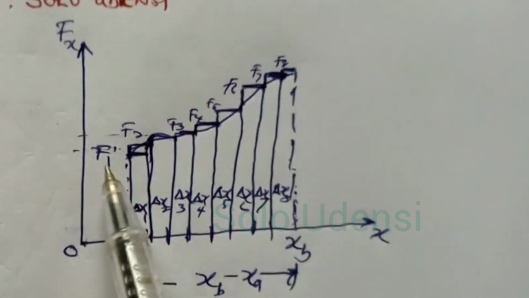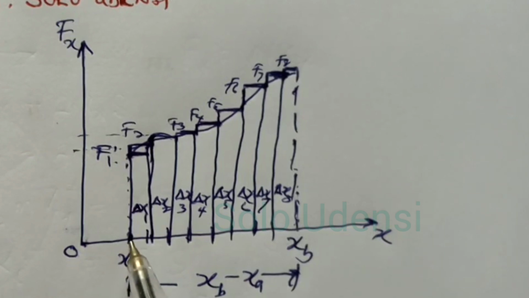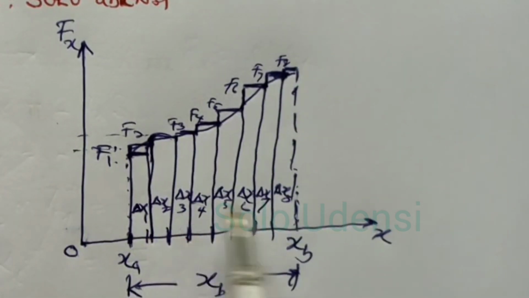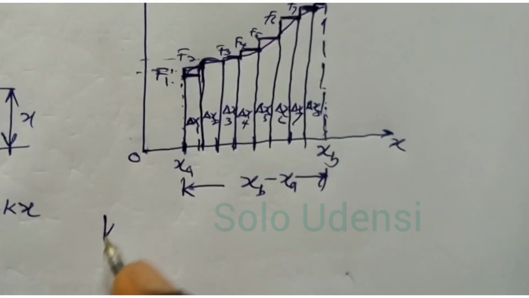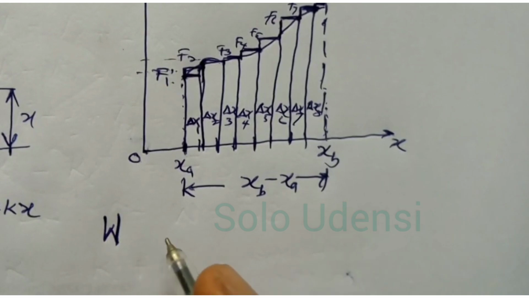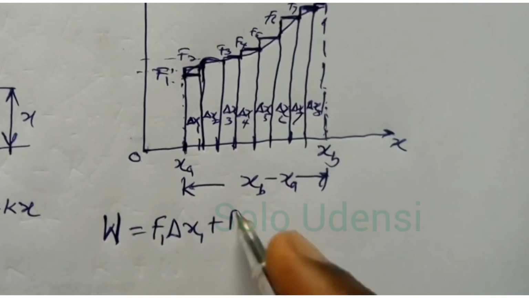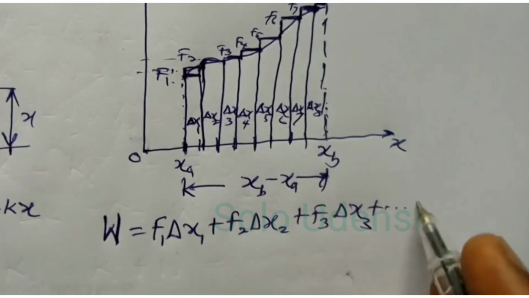So this force moves x from this point to this point, the other one moves x from this point to this point, and so forth. So we can calculate the work done by F to be equal to the sum of the area of each strip, F1 delta x1 plus F2 delta x2 plus F3 delta x3 plus, up to F8 delta x8.